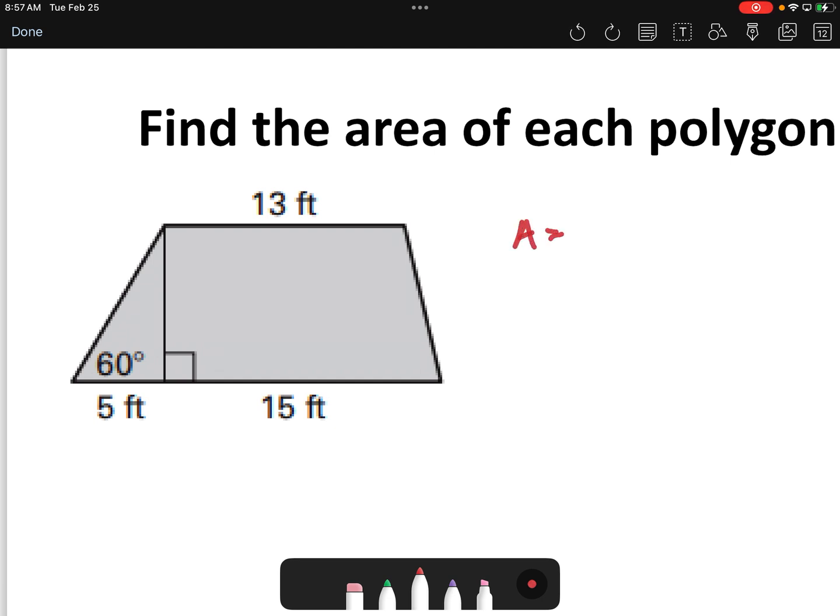Area of a trapezoid is equal to 1/2 your base 1, which is A plus B, times your height.